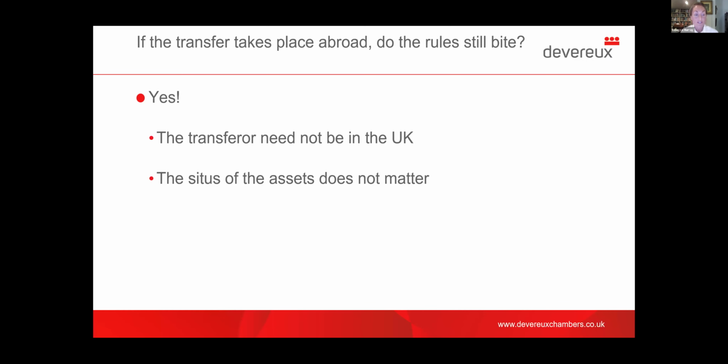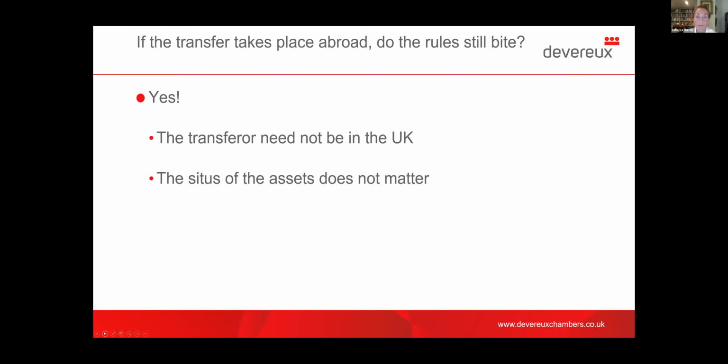And nor does the situs of the assets matter, as I've already mentioned. So there's no requirement for the assets transferred to be situated in the UK. The transfer can relate to overseas assets. So in summary, the rules can bite in relation to a transfer of overseas assets by two non-UK resident persons.